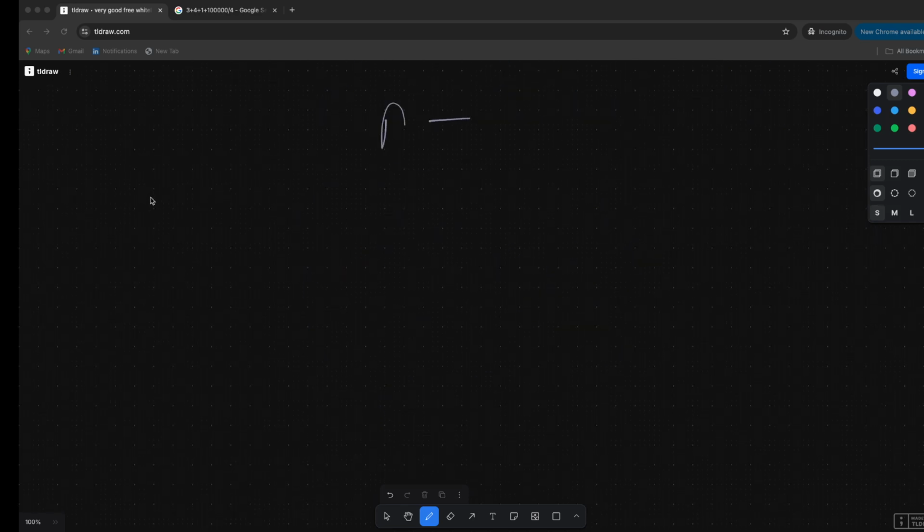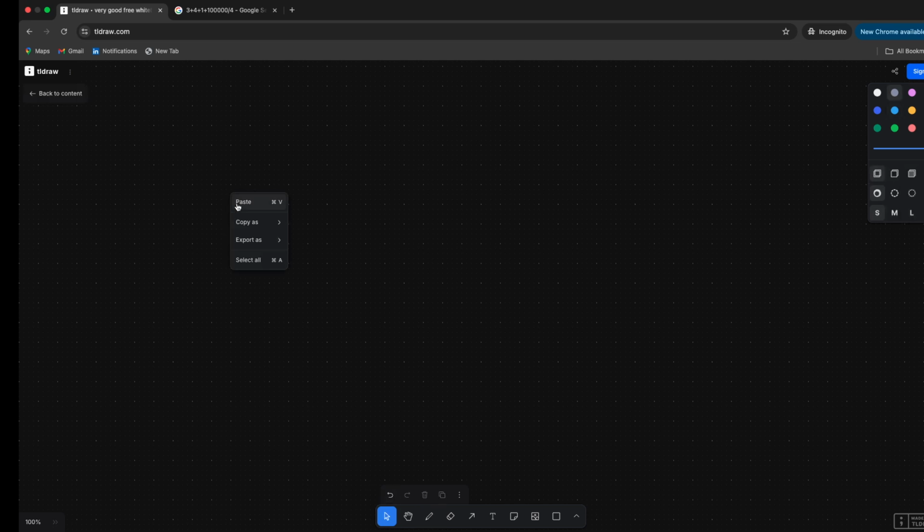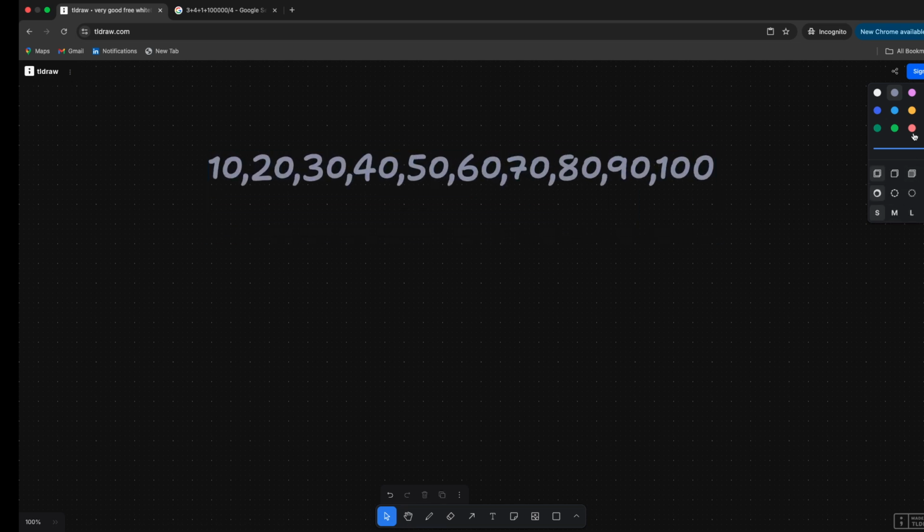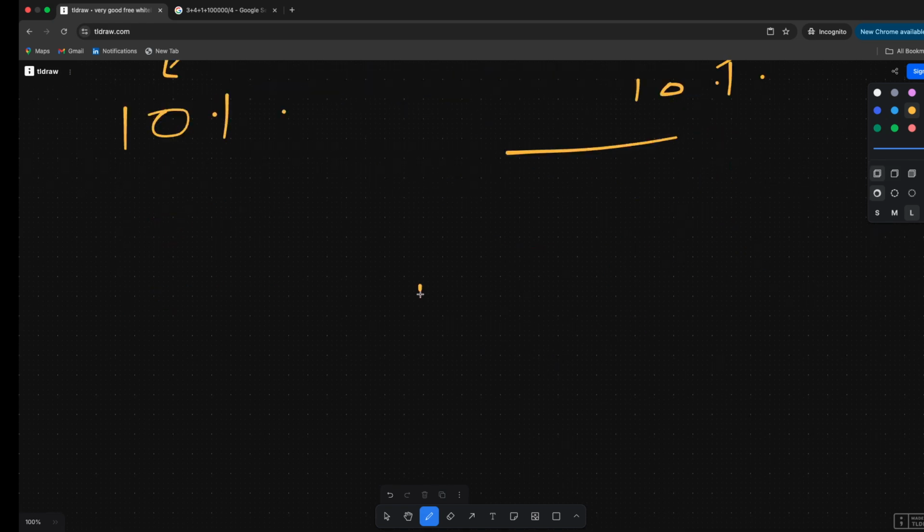Okay, so let's see. Suppose you have a data set, right? So consider this to be my data set. Now, if you try to remove 10% values from both ends, if you remove 10% values from here, and if you remove 10% values from here, then the total number of values that we are left with will be 10 minus 2 into 1, right?